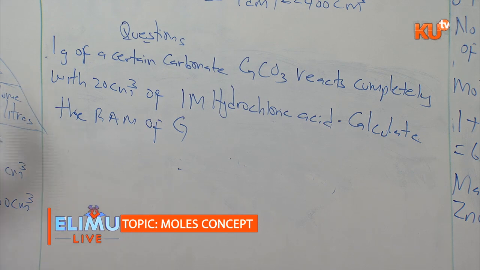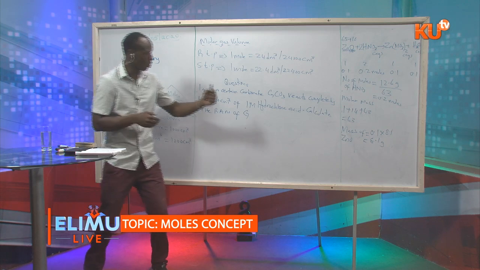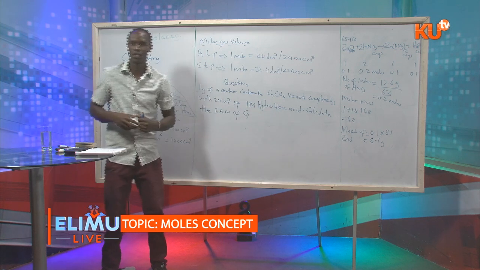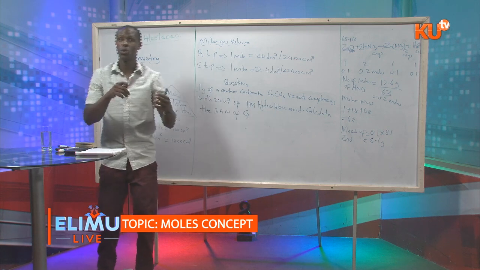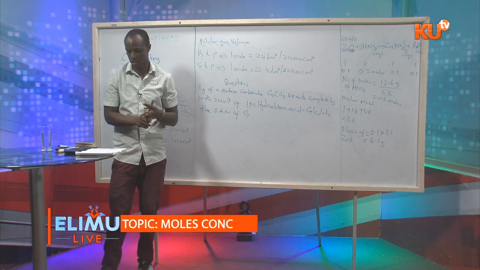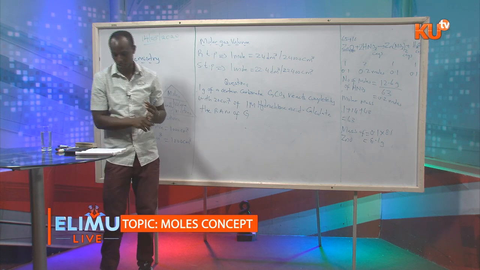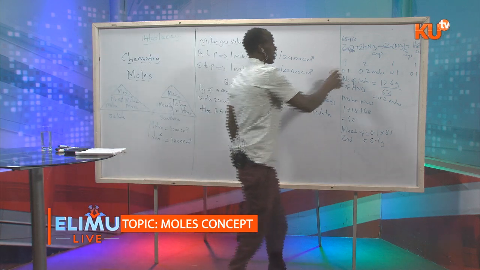But as I've always emphasized in each and every question, the first step is writing the chemical equation. So you need to know when a carbonate reacts with an acid, what products you get. A carbonate plus an acid gives you water, carbon 4 oxide, and salt. So we'll write the chemical equation.